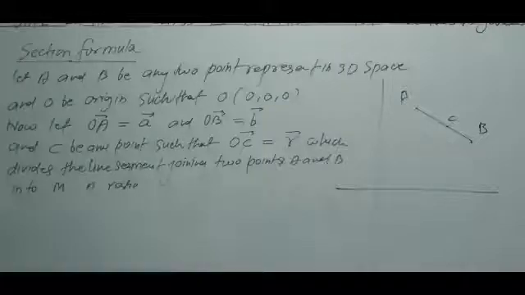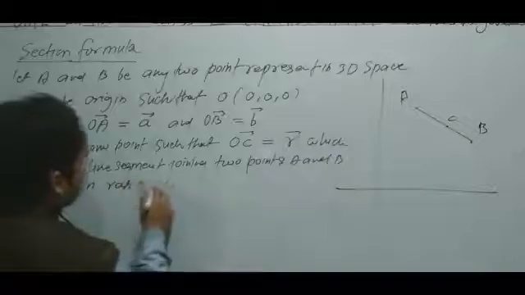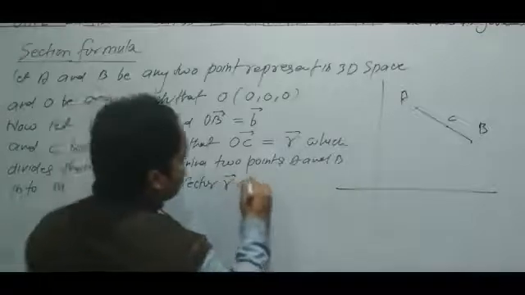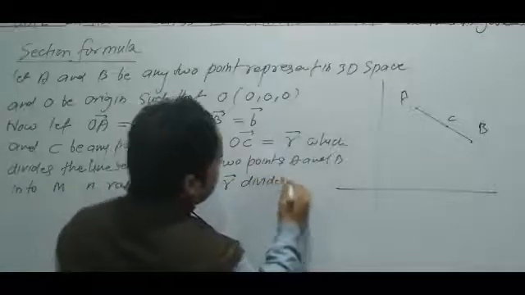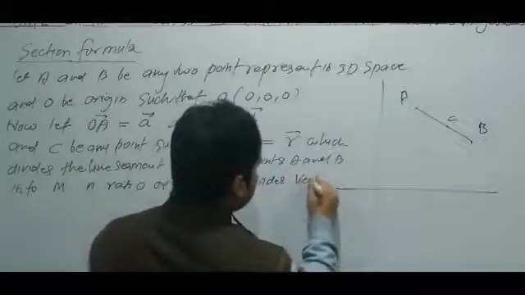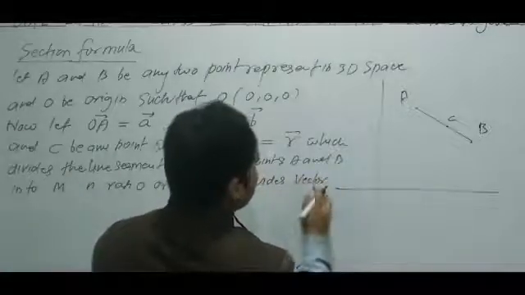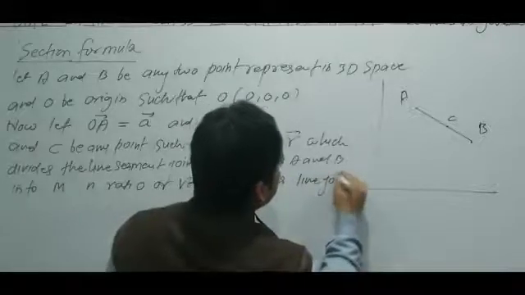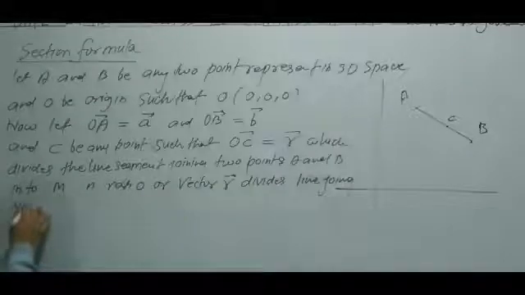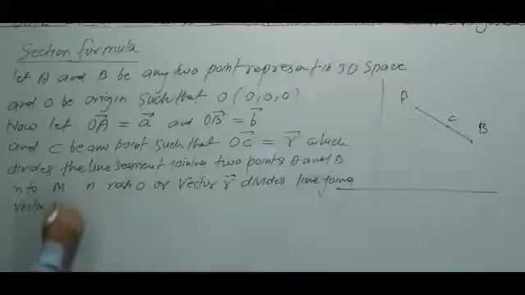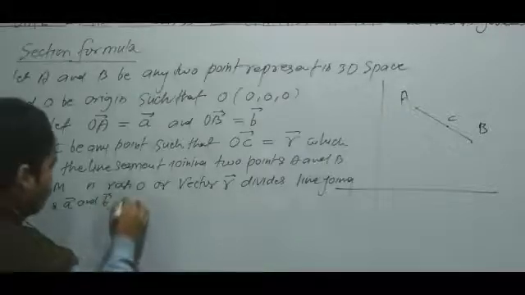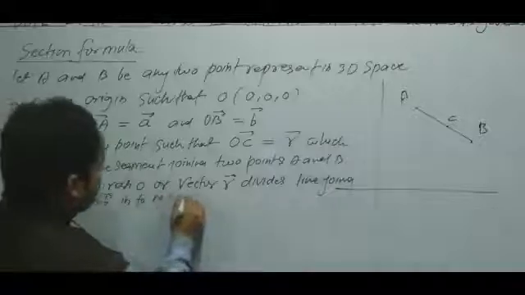Or we can say vector R divides the line joining vectors A and B in the ratio m is to n.